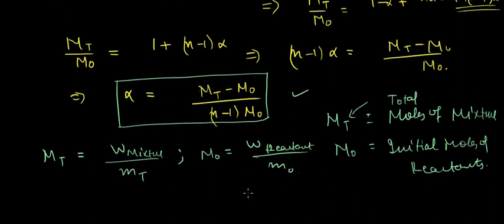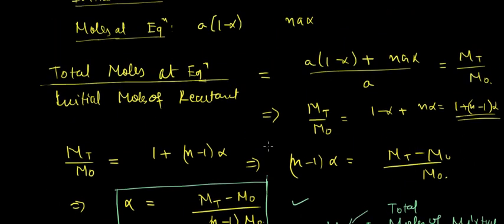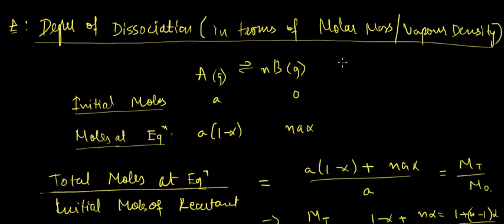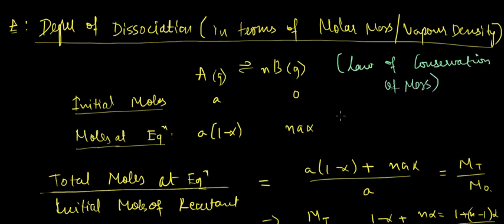So here if we look more carefully at this reaction, then due to the law of conservation of mass, whatever initial mass of A was present, at equilibrium the mass of the total mixture would also remain the same.